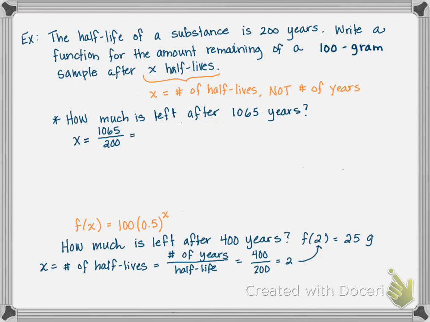And it is 5.325. So that's our x value. What should I do with that? Plug it into a function. Yeah, then we just plug that into our function, right?